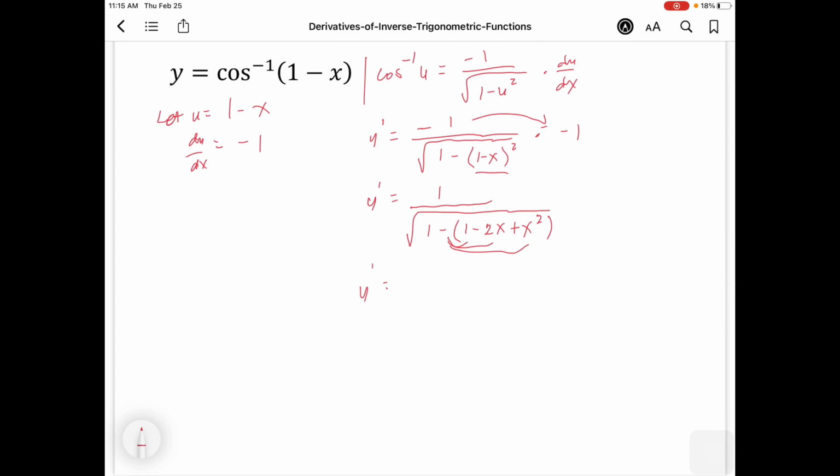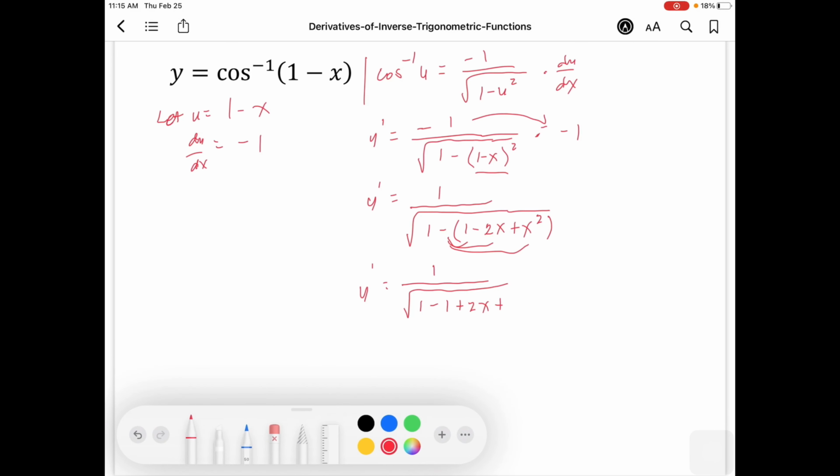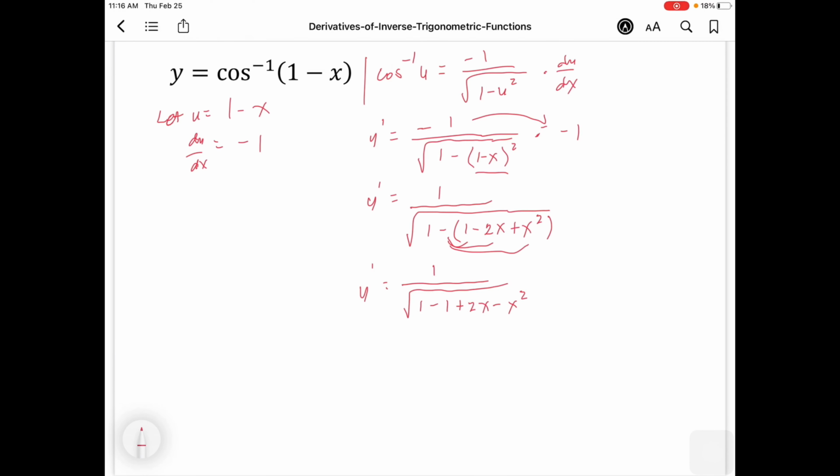So y prime is equal to 1 all over the square root of 1 minus 1 plus 2x minus x squared. So y prime is equal to, cancel out, so magkakaroon tayo dito ng 1 over the square root of 2x minus x squared. This will be the final answer.